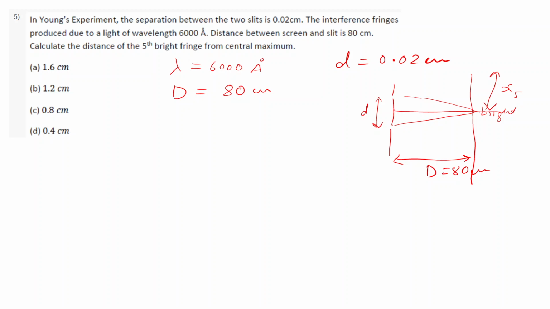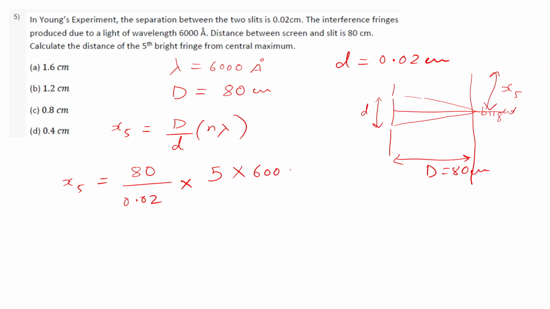Again, using our formula, the position will be n lambda D by d, because it's a bright fringe. Capital D is 80 centimeter, small d is 0.02 centimeter, this n is the fifth fringe, and lambda is 6000 angstrom.